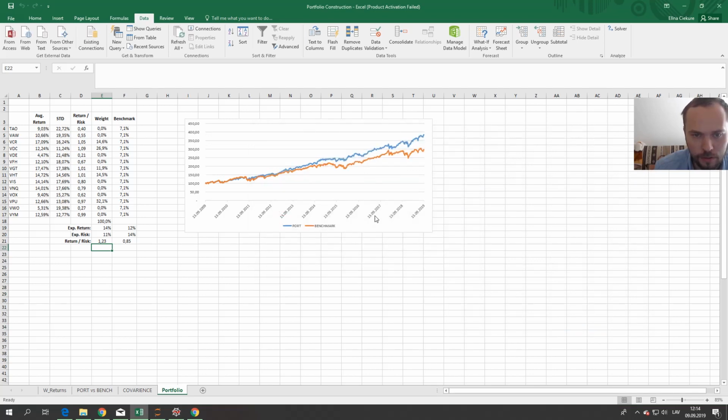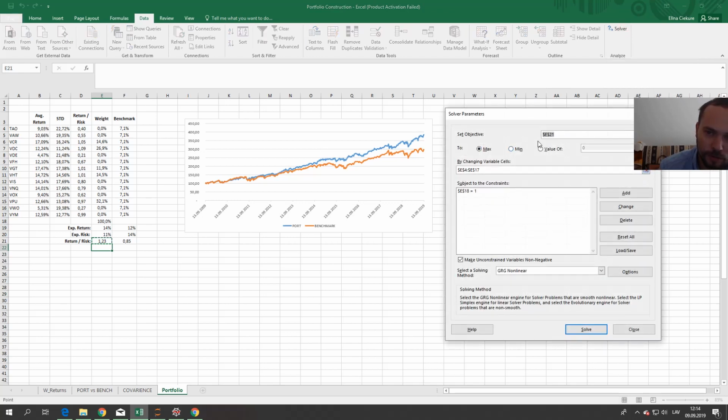Okay, and well, looks even better. But then again, if we don't do proper backtesting, this doesn't mean anything. But this is just something people often do. So just so you know, I will just change it back to minimize the risk.